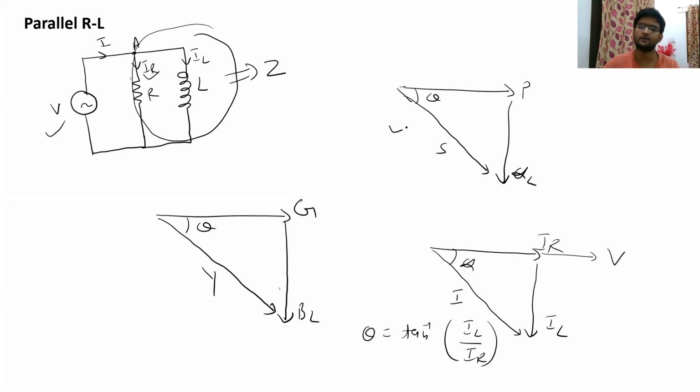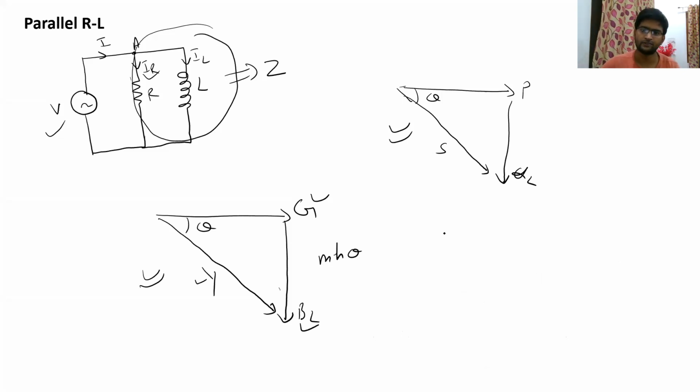So this is the phasor for power. This is the phasor for the admittance function. The unit for admittance, conductance, and susceptance is the same, and it is called mho.